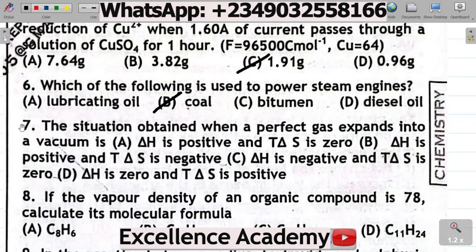Question number 7 says the situation obtained when a perfect gas expands into a vacuum is, you have option A, option B, option C, and option D. Now, for this particular question, you want to note that they gave you change in H. You literally have change in H in all of the options.